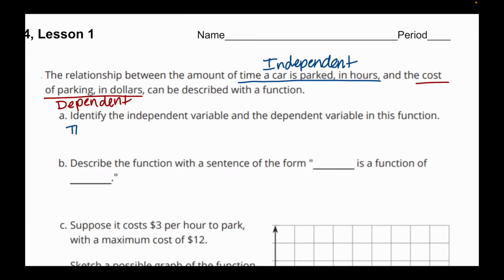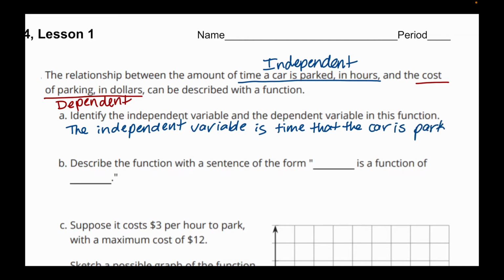So the independent variable is time that the car is parked, and the dependent variable is the cost of parking.